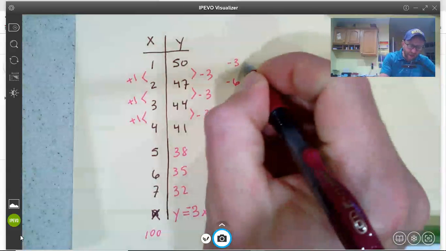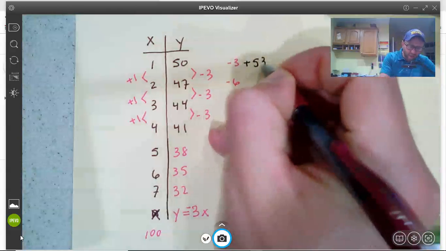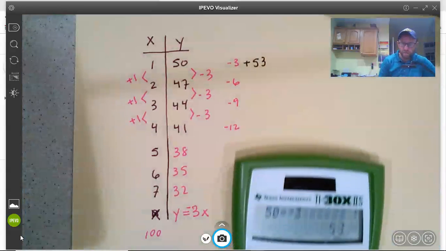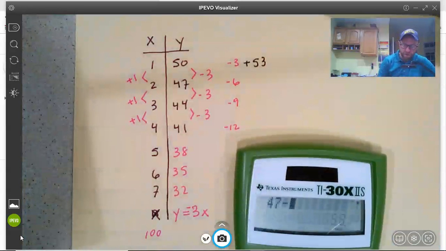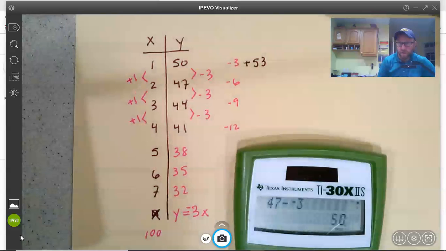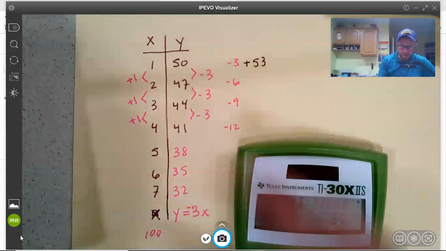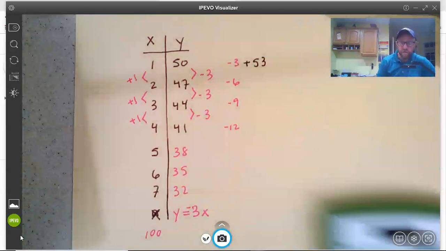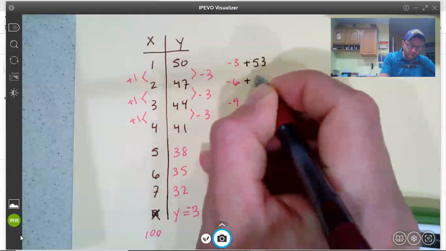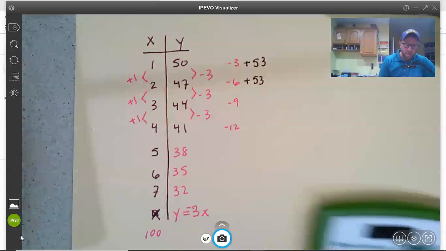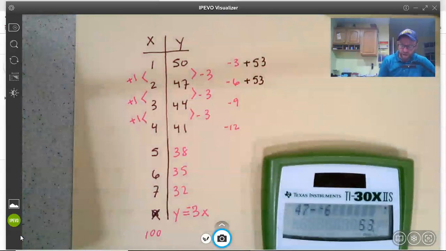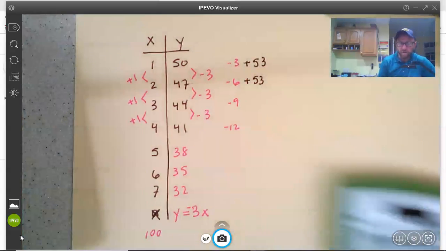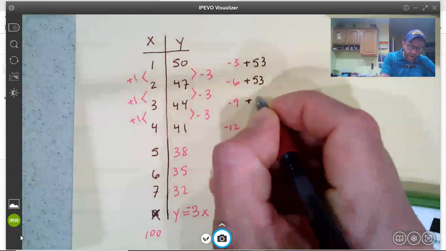So I would have to add 53 in this case. 47 minus -6 is 53, so I would have to add 53 here. 44 minus -9 is 53. I'd have to add 53 here.